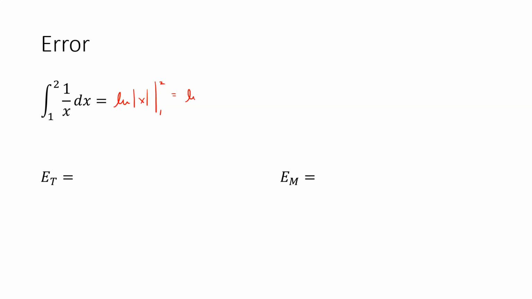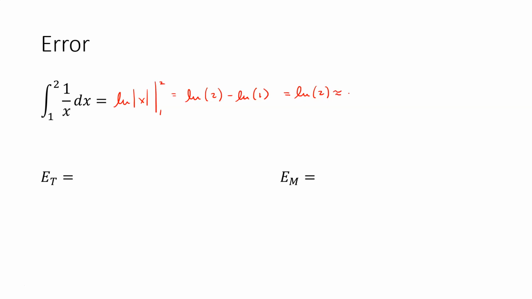So this will equal ln of 2 minus ln of 1. ln of 1 is 0, so this is just equal to ln of 2. So in fact, the actual value of this integral is ln of 2. So let's use our calculator there to get the most accurate value for ln of 2.